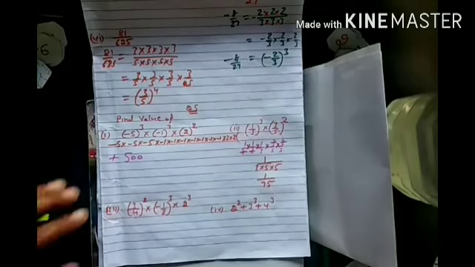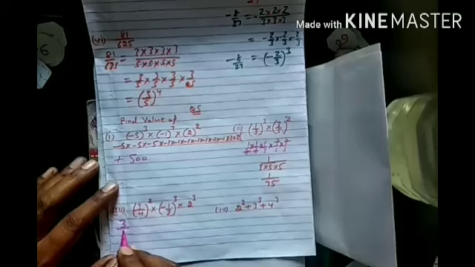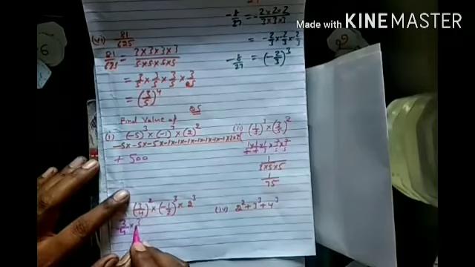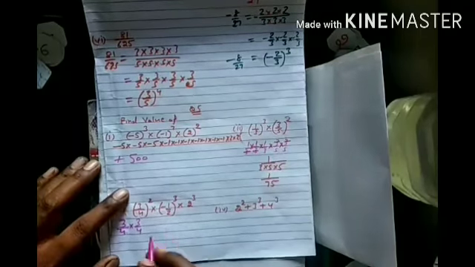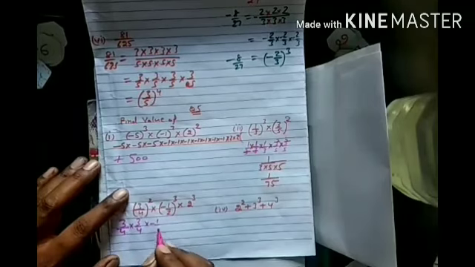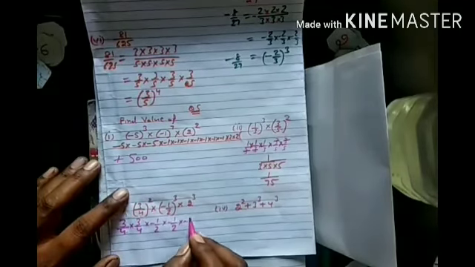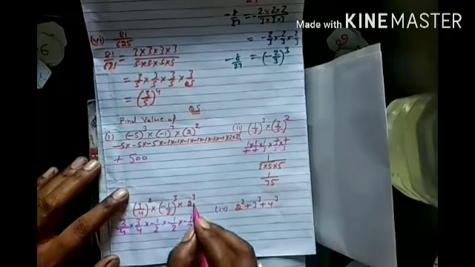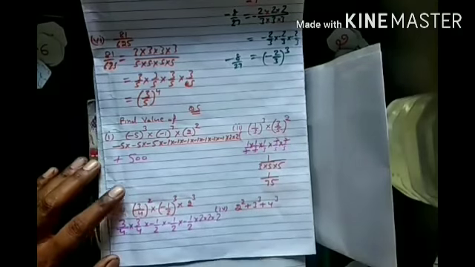Now in this question 3 by 4 is multiplied 2 times: 3 by 4, 3 by 4, and minus 1 by 2 is multiplied 3 times: minus 1 by 2, minus 1 by 2, minus 1 by 2, and 2 is multiplied 3 times: 2, 2 and 2.